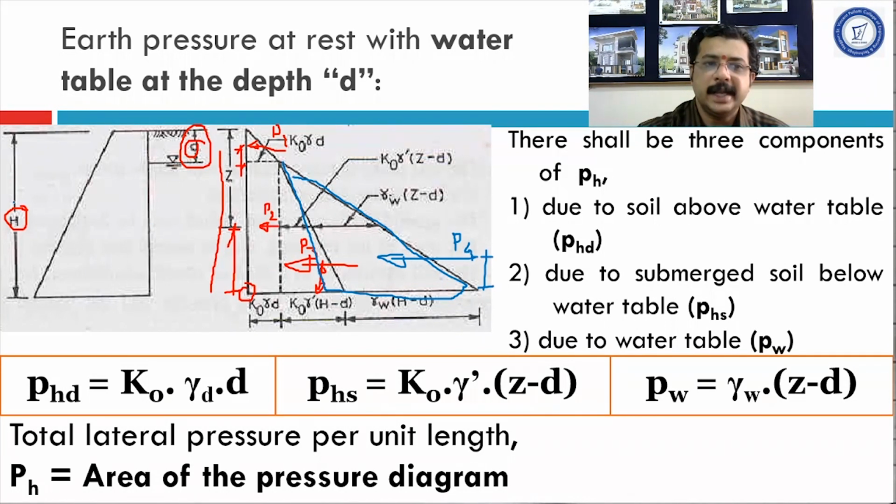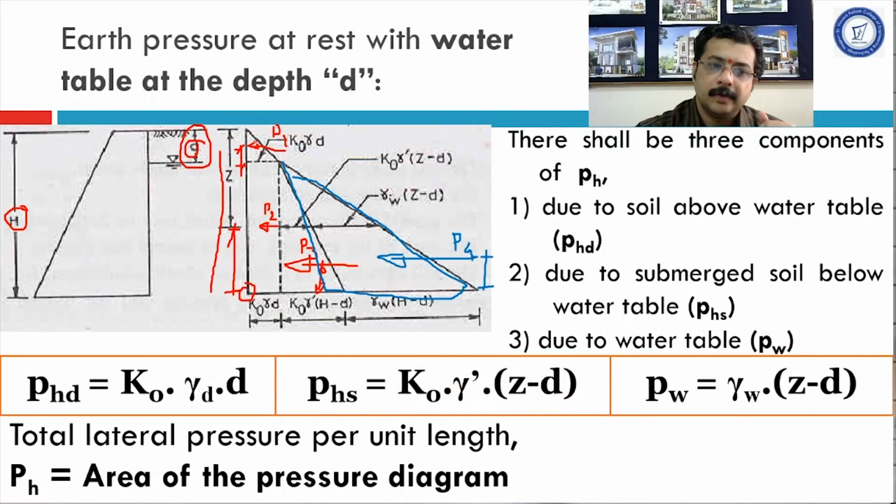Again, it is capital H minus small d, divided by 3 will be the height at which P4 will be acting. Thus, the fourth lever arm is ready with us. So P1 multiplied by the first lever arm, P2 by the second, P3 by the third, and P4 by the fourth lever arm. This will give us the algebraic sum of moments of component forces, component pressures, about the base of this retaining wall.